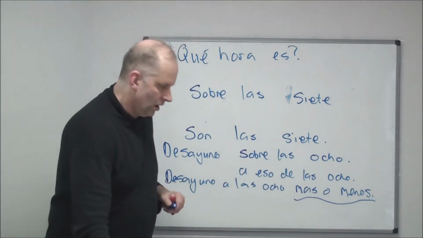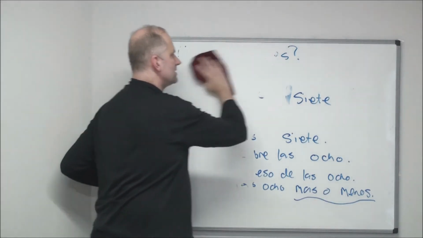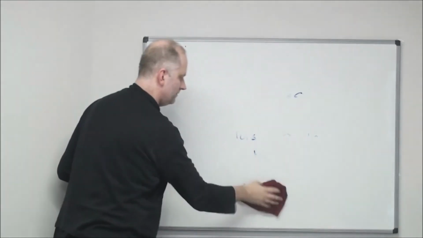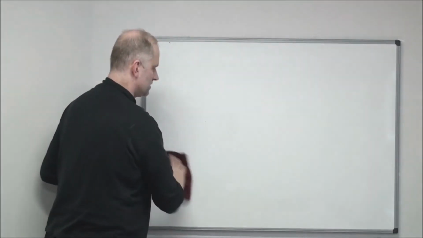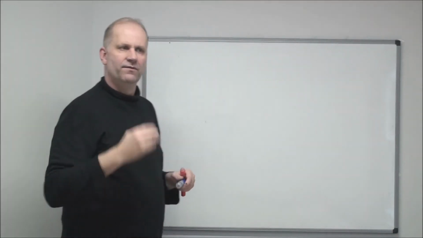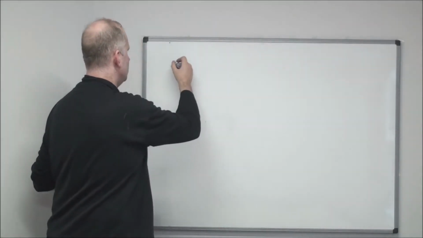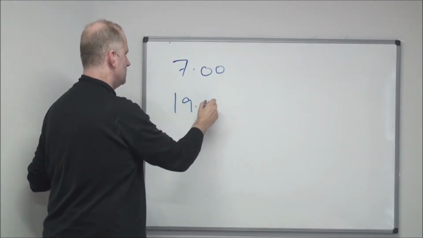What we're going to do now is look at not only saying the time, because if you say 6 o'clock, that could be 6 a.m. or 6 p.m. So we're going to look at how to say that in Spanish. If you think of maybe 7 o'clock, it could also be like 1900 hours.